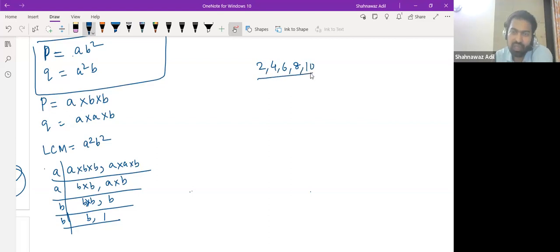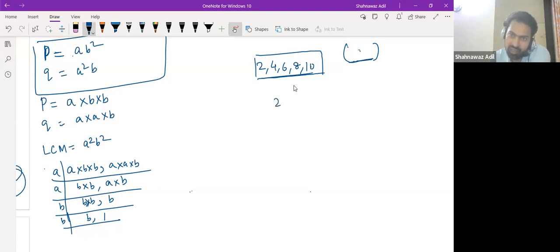So these numbers divide a particular number. So that would be greater or smaller? Let's say you are taking 2.